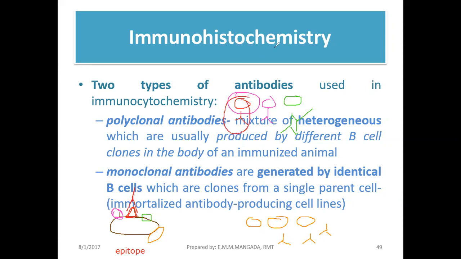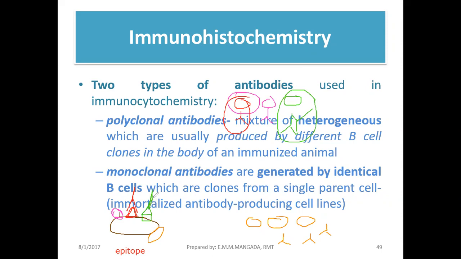Now, if we have polyclonal antibodies yung ginamit natin, pwede iba-iba sila, a population of antibodies. So, we have also here the green antibody. Yung green antibody, ibabind niya si epitope na kilala niya.